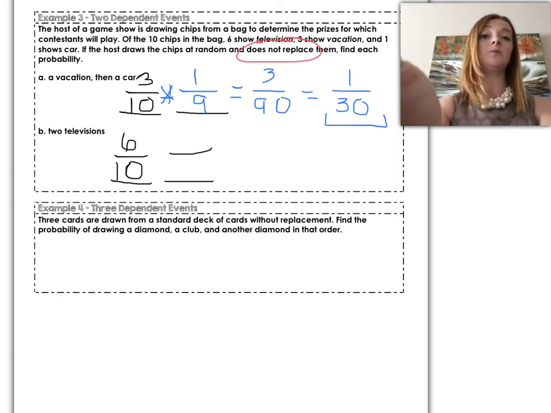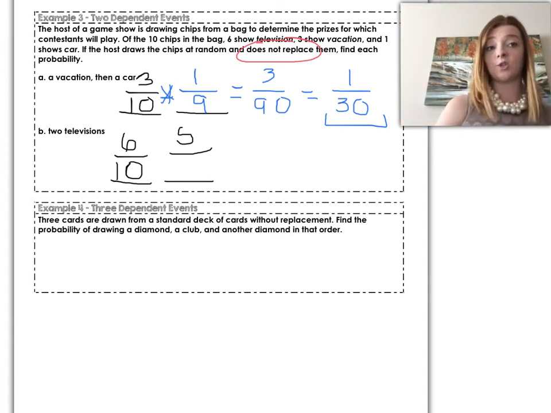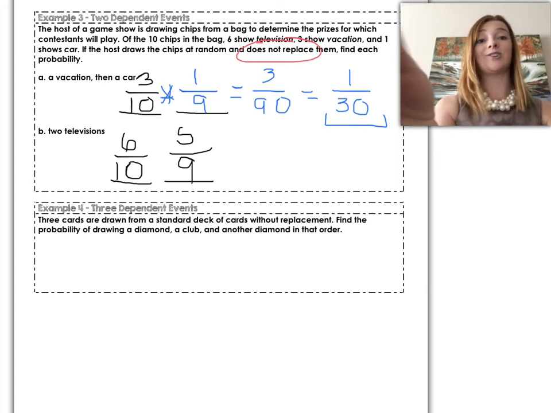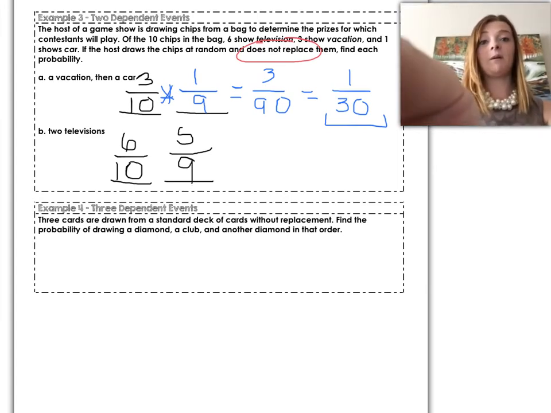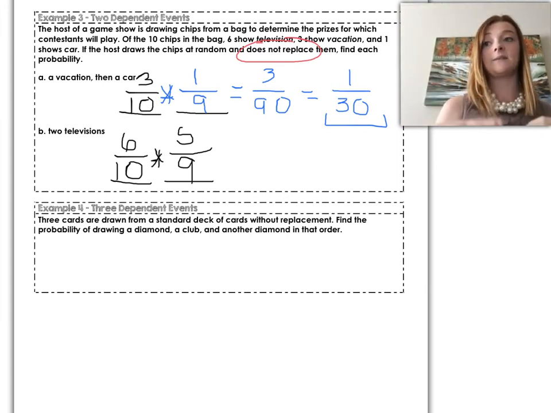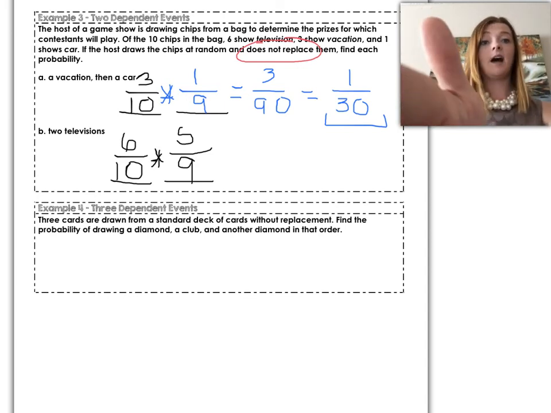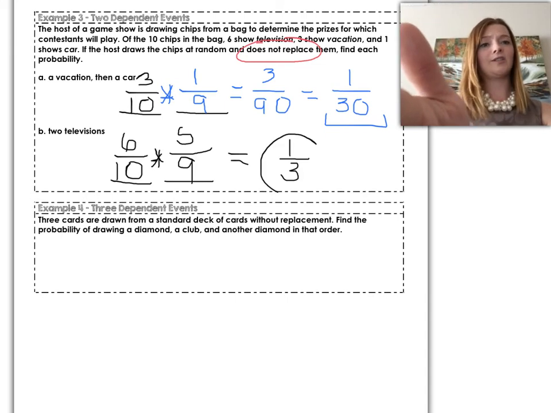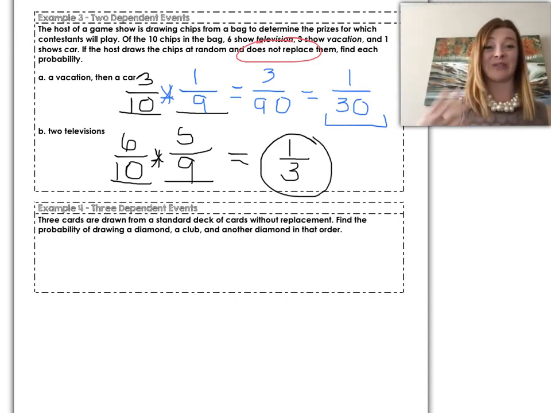So now there are no longer 6 television chips, there are 5. And now that we've taken a chip out and we did not replace it, there's a total of 9 chips, okay? So when we multiply these out, we have 6/10 multiplied by 5/9. That's going to simplify to actually being a probability of 1/3. So you have a 33% chance of drawing 2 televisions. So that's actually pretty good odds here.